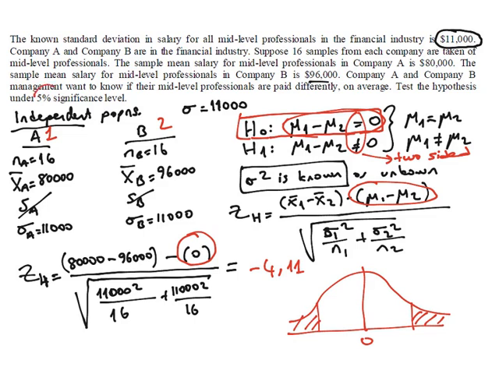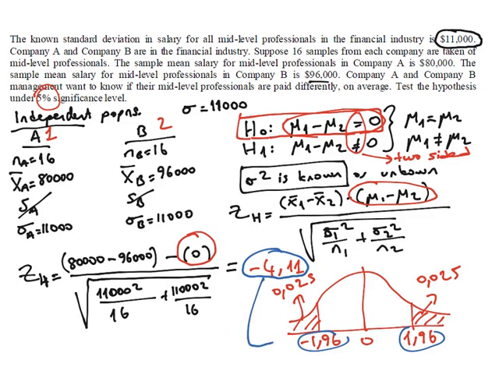My alpha is 5%, so I can write alpha over 2, alpha over 2. From the table you already know that the Z value for this is 1.96.